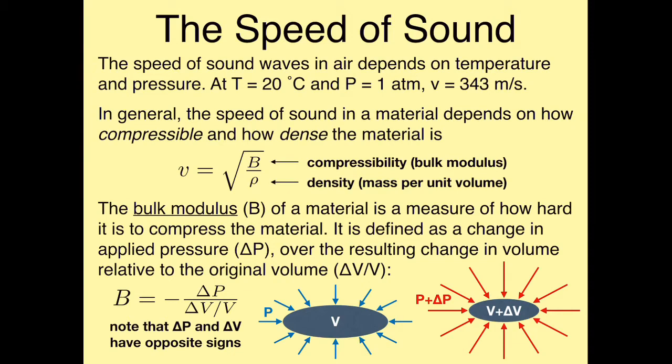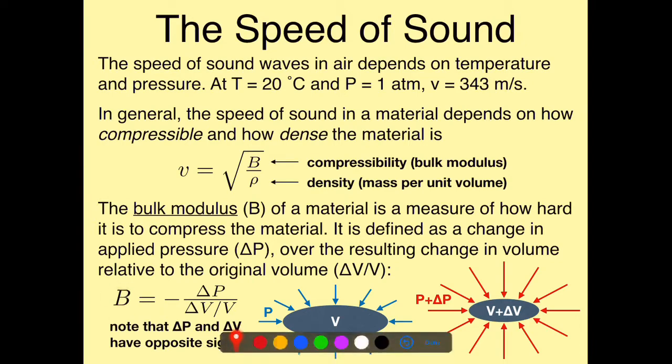If you haven't seen this before, let me define the bulk modulus for you. Again, the bulk modulus, given by capital B, is a measure of how hard it is to compress a material, and it's defined by the following equation.